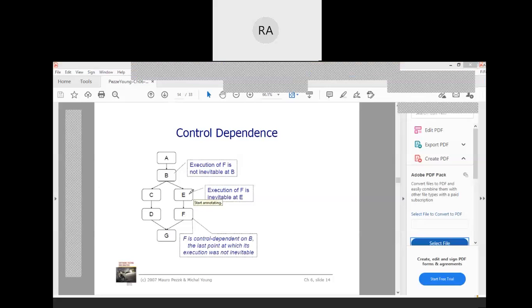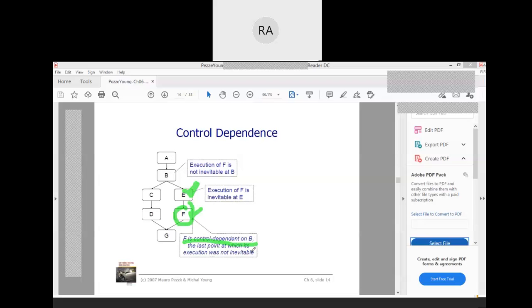The execution of E is impacting the execution of block F. For the node F, the execution of F is inevitable at E. So F is control dependent on B.